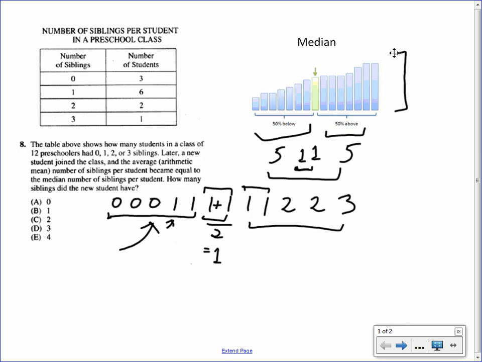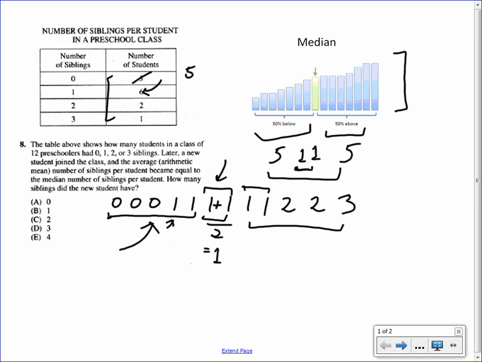A shortcut for this, and for many problems about the median, is to look at the chart. You have 3 students who have 0 siblings, so that gets you to 3. And then within the 6, that's going to get you to the middle part, because you're going to get the 4th student and the 5th student having 1 sibling. So that gives you your 5 below.